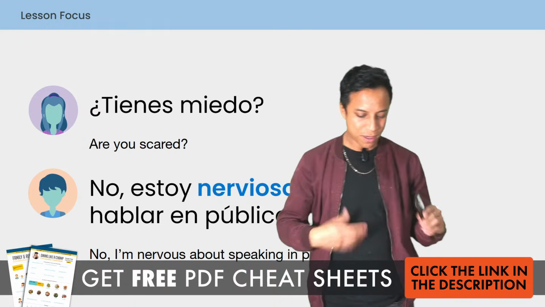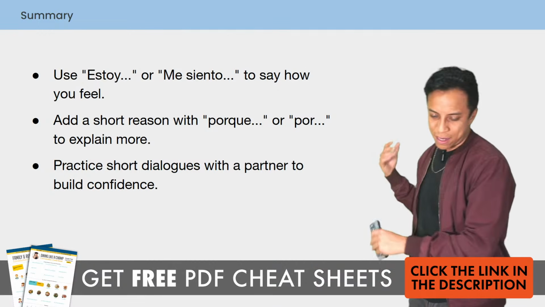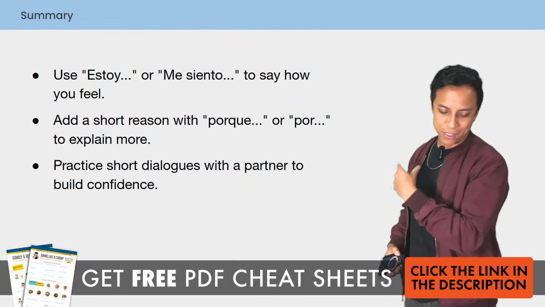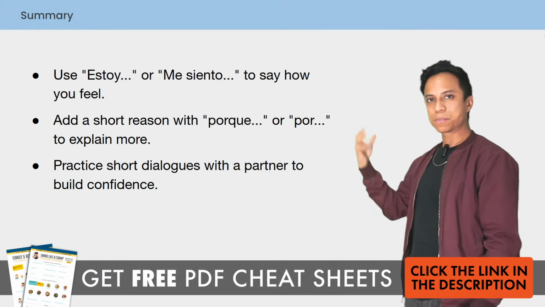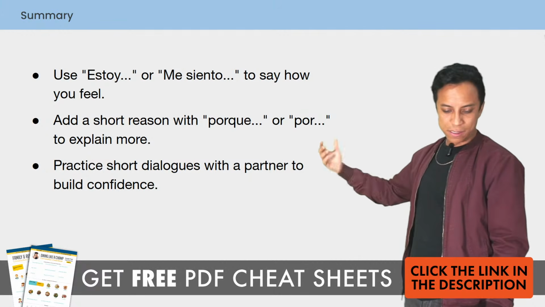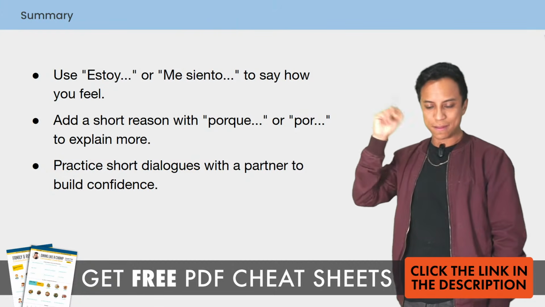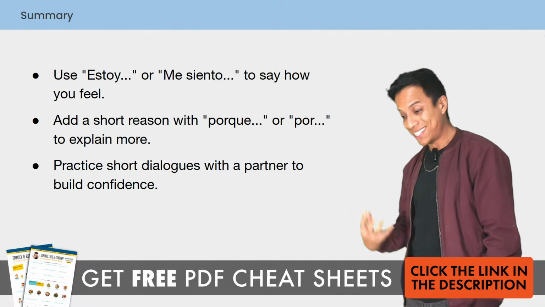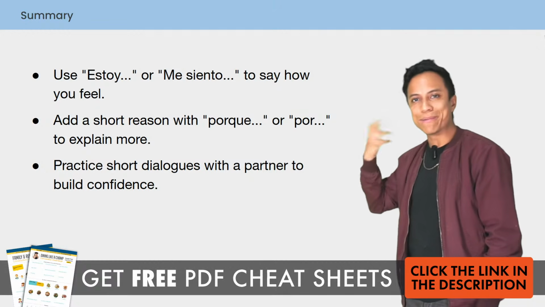Okay, and well, so once again, let's do this summary together. Estoy or me siento, to say how you feel. Okay, to express how you feel. Estoy or me siento. We are not talking about how you are, your identity, your personality. That's another topic and other verbs.